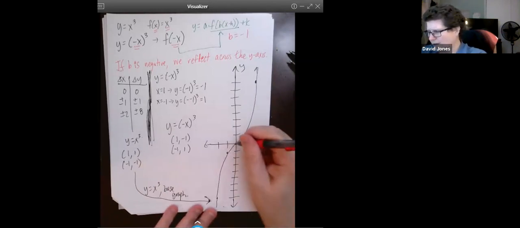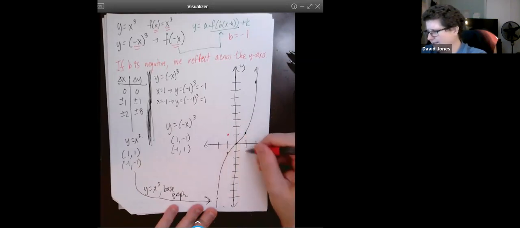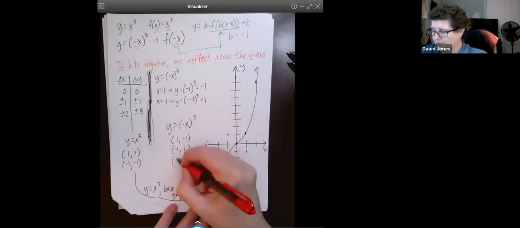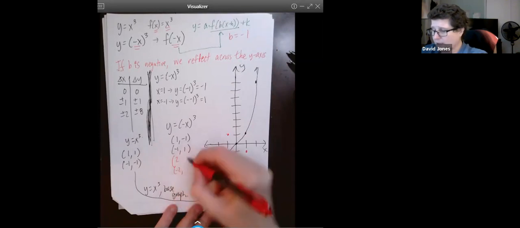I've got (1, -1) is up here, and oops, (1, -1) is down here. (-1, 1) is there. If I do 2 and -2, this is going to spit out -8 and +8 when I put it in here.